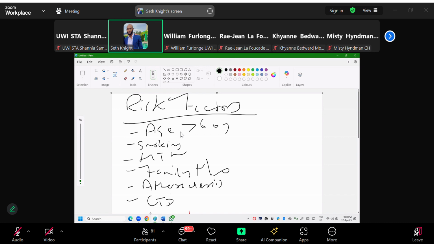connective tissue diseases such as Marfan's and Ehlers-Danlos, right? Collagen vascular diseases such as lupus, and of course, infective causes.